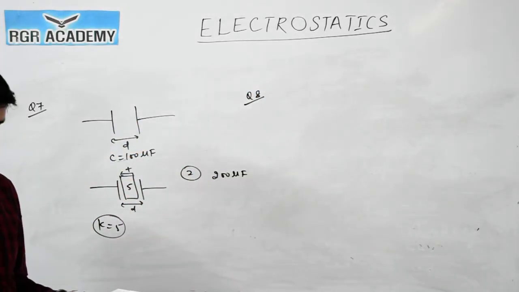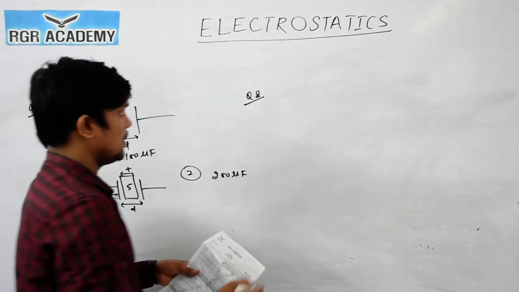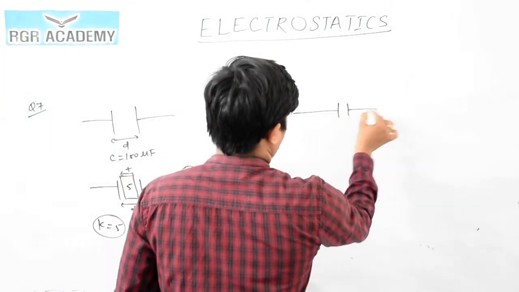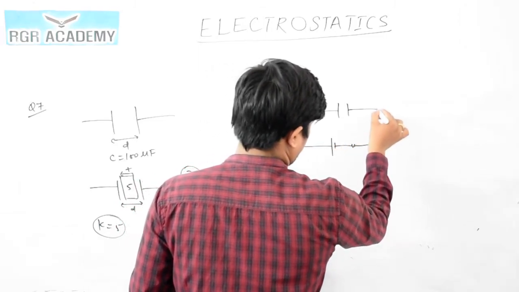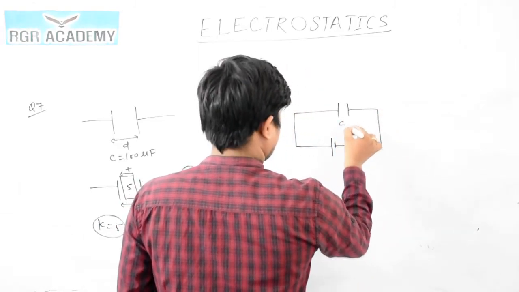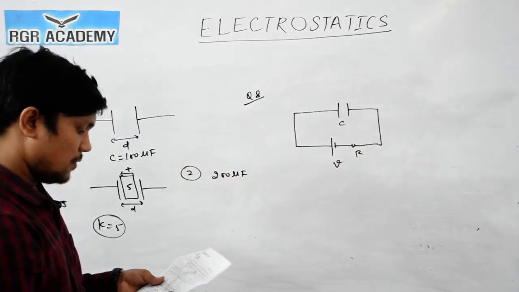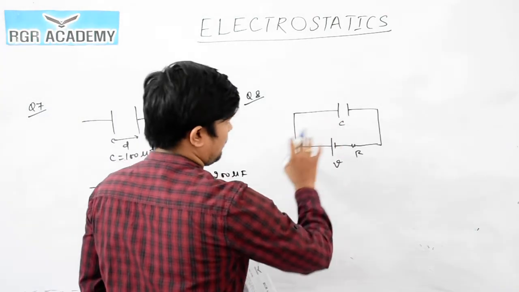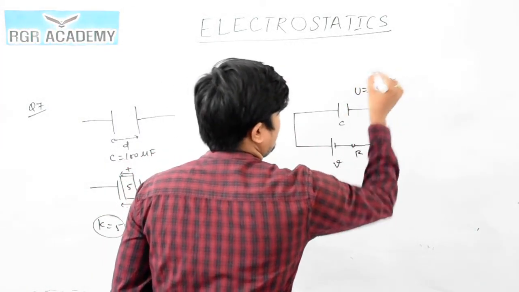As in the figure shown, the capacitor C is charged by connecting it with the resistance R. Then the energy given by the battery will be? See, this is R and this is V. Now this capacitor is charged. Finally, the energy stored in the capacitor is half C V square.